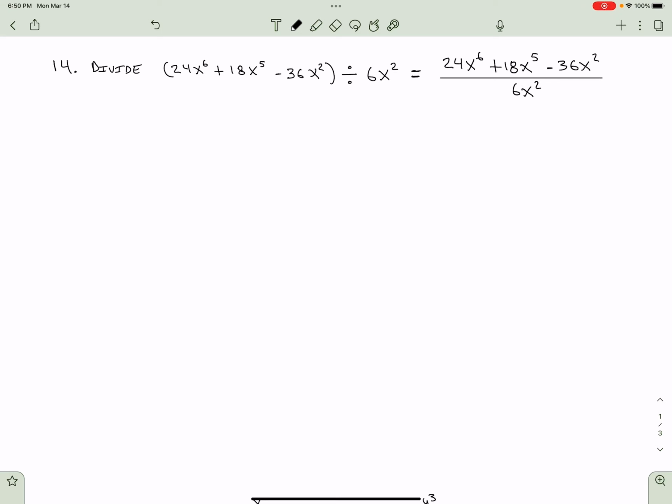And then I could rewrite this as that 6x squared under each term. Under the 24x to the 6, the 18x to the 5th, and the negative 36x squared.